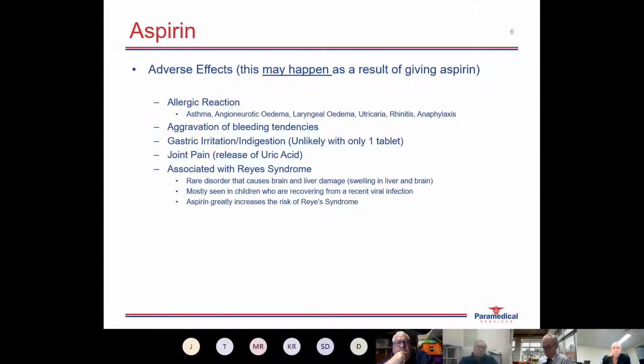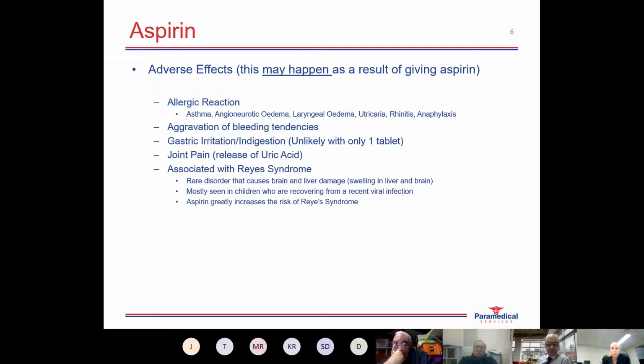Now, Reye's syndrome is a very rare disorder. It's a disorder that causes brain and liver damage, and the reason for that damage is because of the swelling that actually occurs in the liver and the brain. It is mostly seen in children that are recovering from a recent viral infection.